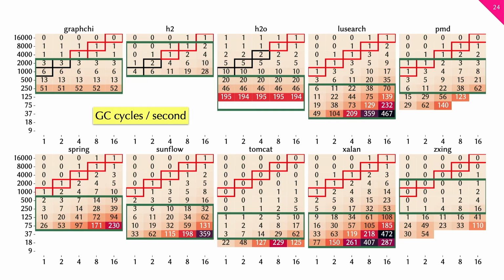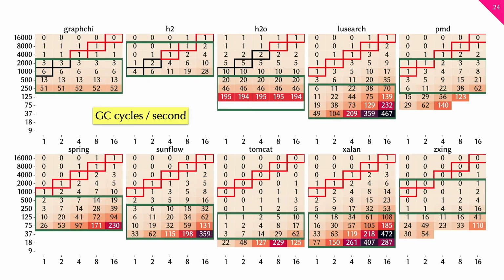So we're seeing numbers in the hundreds for the very smallest possible configurations at the highest possible number of worker threads. And this would not be possible if the benchmarks were using more memory.